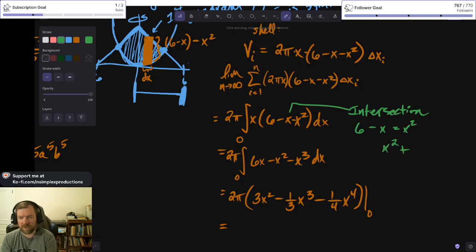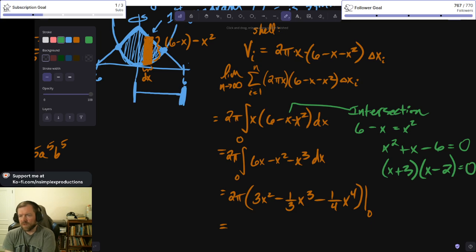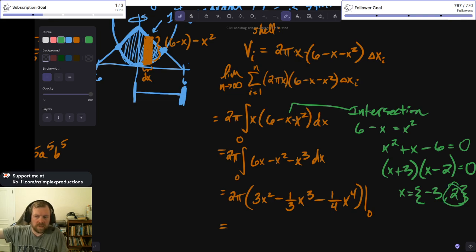So it's x squared plus x minus 6 equals 0, which factors as x plus 3, x minus 2. Given the premise that I was trying to solve here, we're just going to get 2.